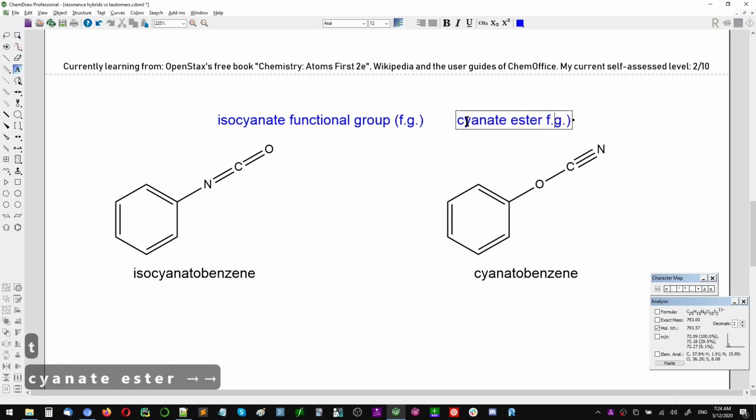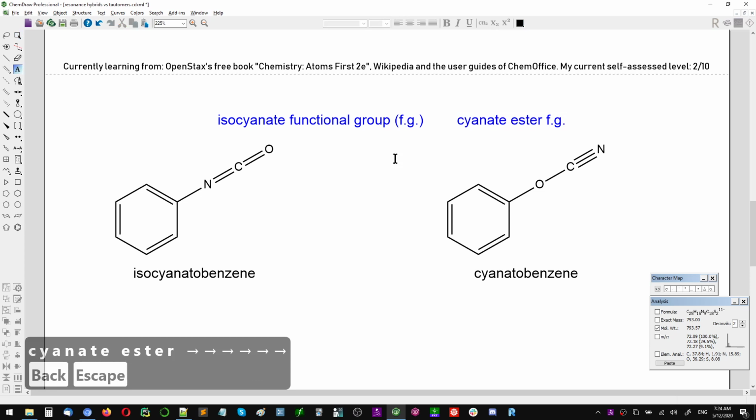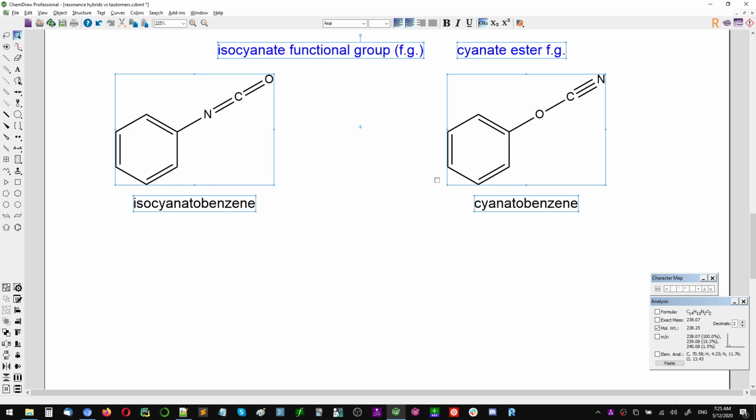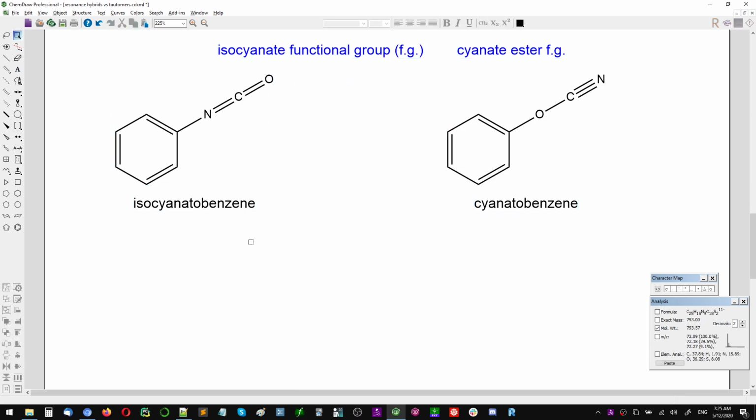Cyanate ester functional group. Okay. Now, these two would be linkage isomers.